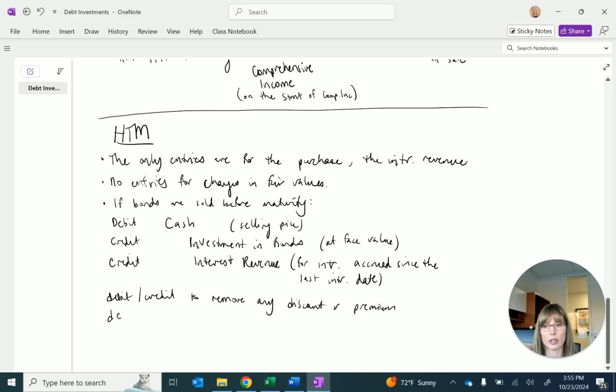And then debit or credit the difference. If the difference is a debit, we debit the account loss on sale of the debt investment, or if the difference is a credit, we credit the difference to gain on sale of the bond investment.